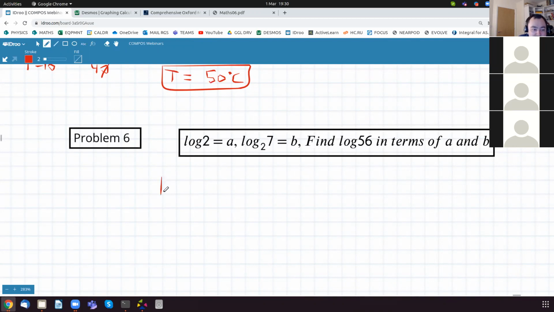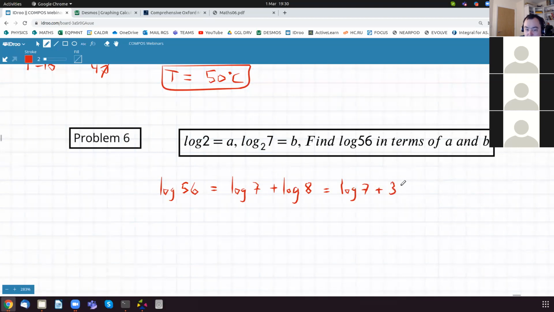So log 56 can be written as log 7 plus log 8, which can be written as log 7 plus 3 log 2. I'm using the property that 8 is 2 cubed and the 3 comes out.